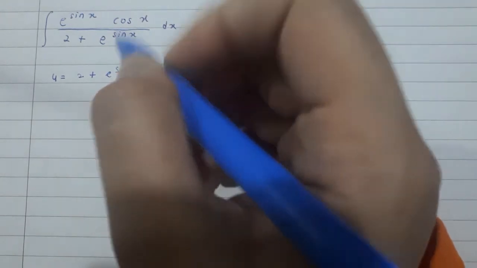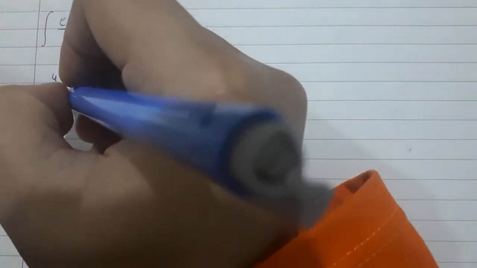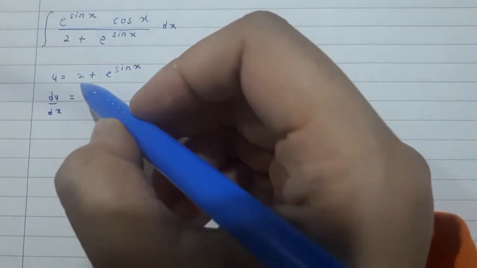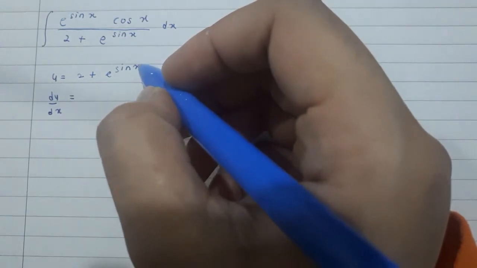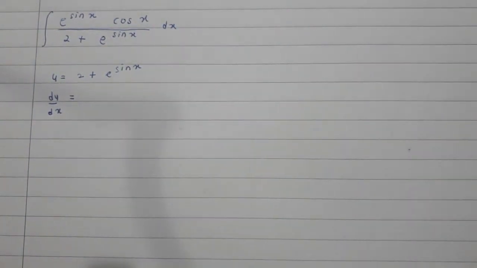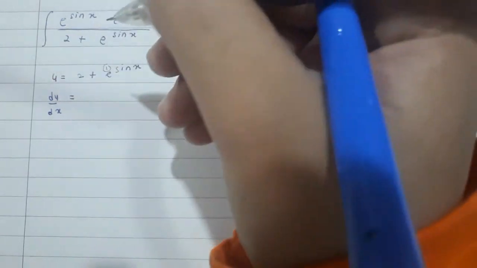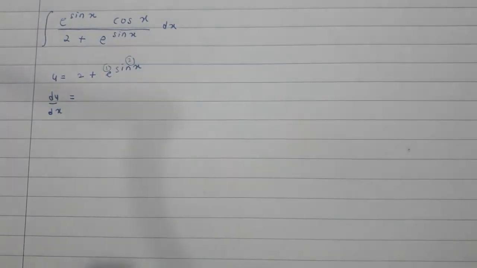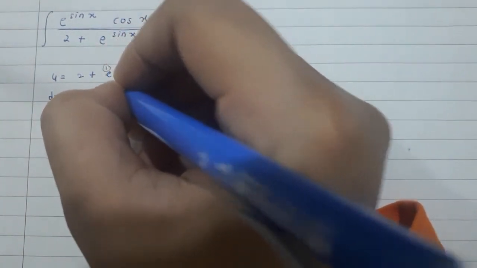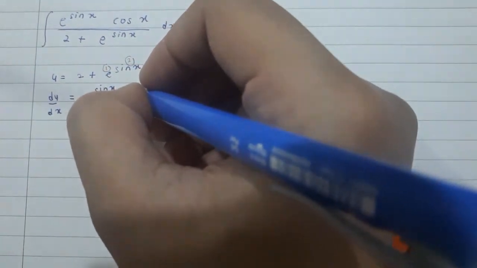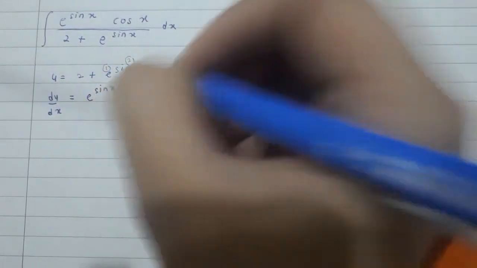Differentiate u in terms of x, we get du over dx equal, differentiate 2, 0. Okay, now we want to differentiate e to the power sin x. This is a composite function. So number 1, differentiate e to the power, and then multiply by number 2, differentiate sin x. Differentiate e to the power, we get e to the power sin x, multiply differentiate sin x is cos x.